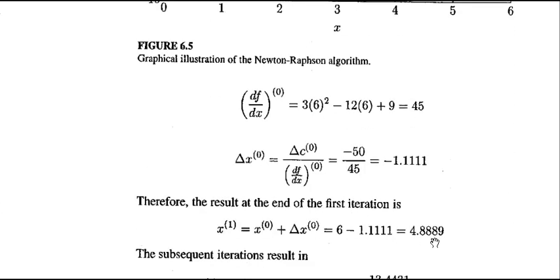You have to put this value in this equation as well as in the given regular nonlinear equation, which will give you del C1. So what have you got from the nonlinear equation when you put 4.889?